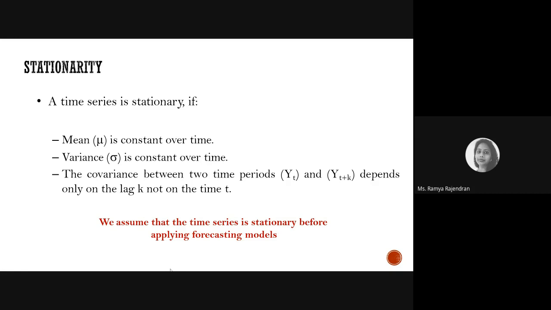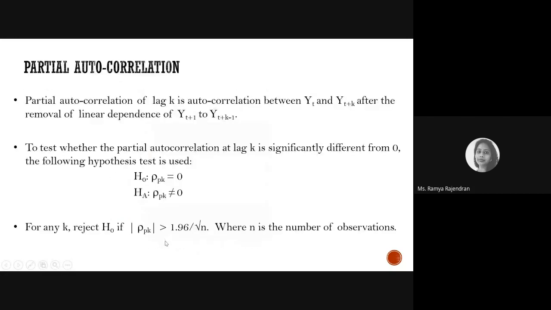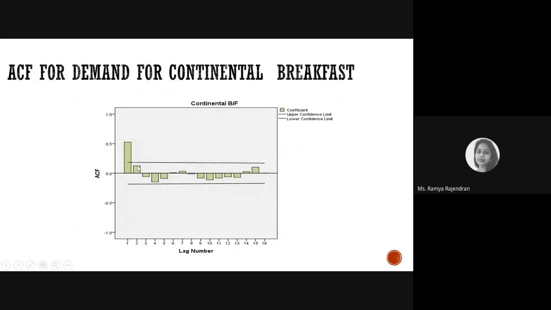So far we have been discussing the autocorrelation function and partial autocorrelation function. Why are we discussing this? This method helps us identify the value of p, the number of lags. Here we can say L is equal to 3, whereas here we can say L is equal to 2.